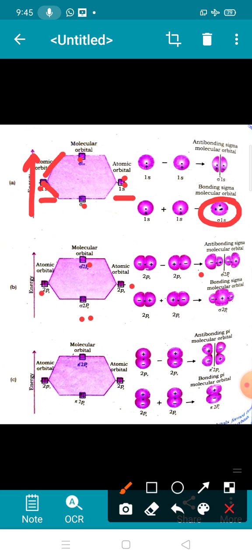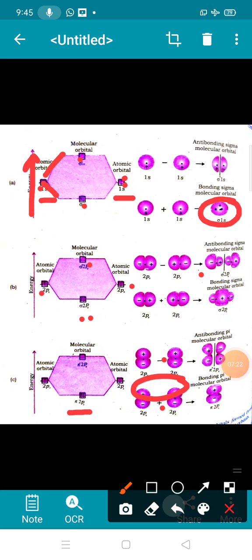Similarly, as you know, the p orbitals are three in number. If one is forming sigma, the other two have to form pi. If I assume that the px orbital is forming a pi bond, and pi bonds are formed by lateral overlapping, they also undergo addition and subtraction. By addition, the two plus lobes get added up and form one, and the two minus lobes also get added up and form one, and there are again two nuclei here.